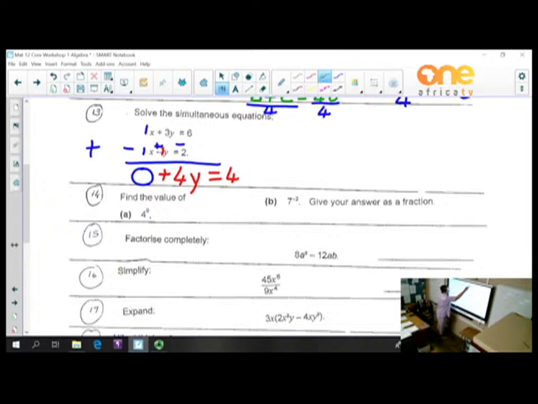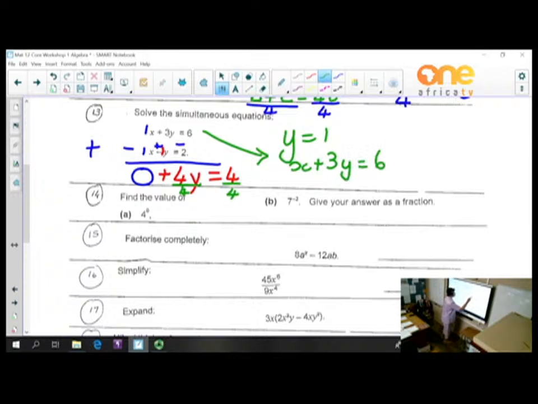So now we divide with the coefficient, and y is equal to 1. And now I go back to any of the two and substitute. The second part is to substitute. So let's say we use this one. X plus 3y is equal to 6.